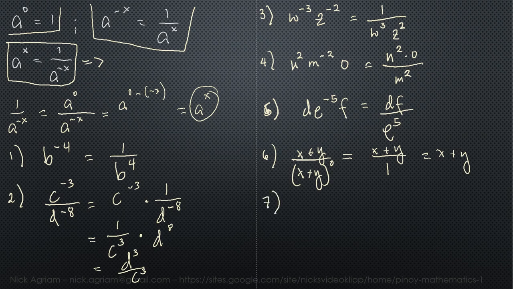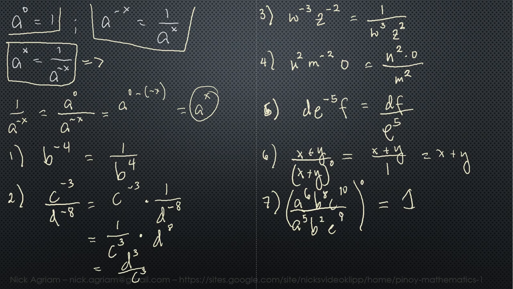Number 7, we have this one, with too many expressions, too many letters and variables: a raised to 5, b squared, e raised to 8, all raised to 0. You don't need to think about it. Just remember that any number raised to 0 is equal to 1.